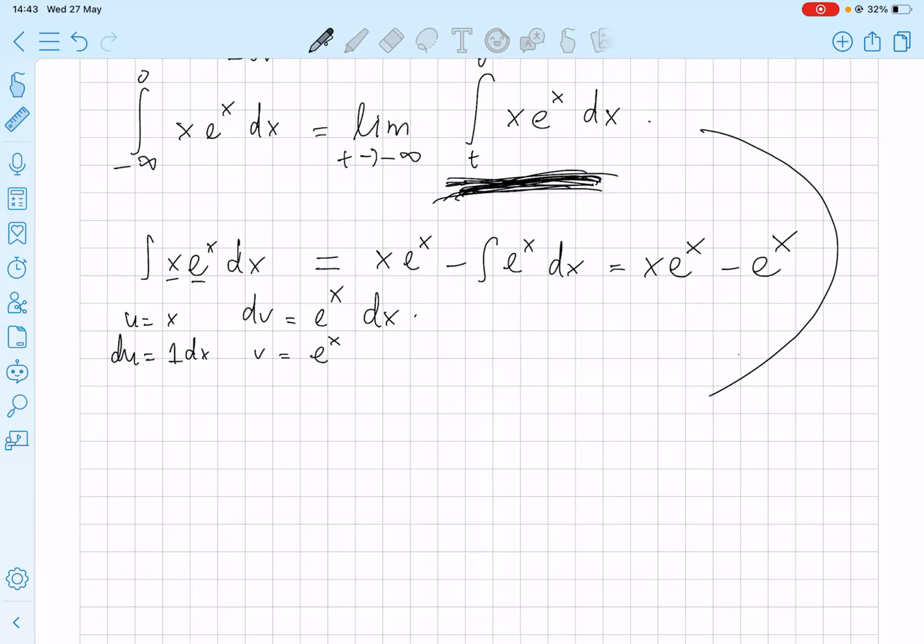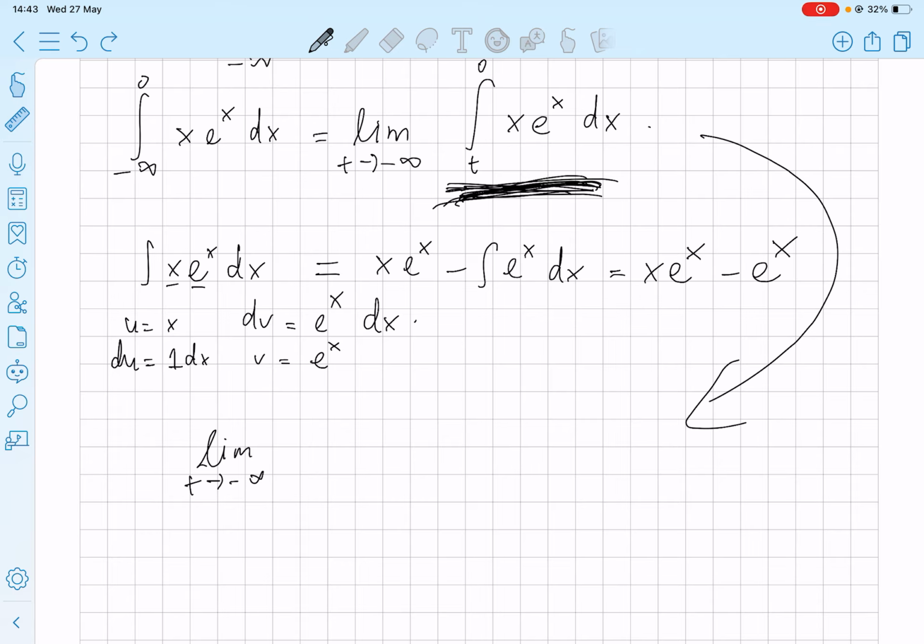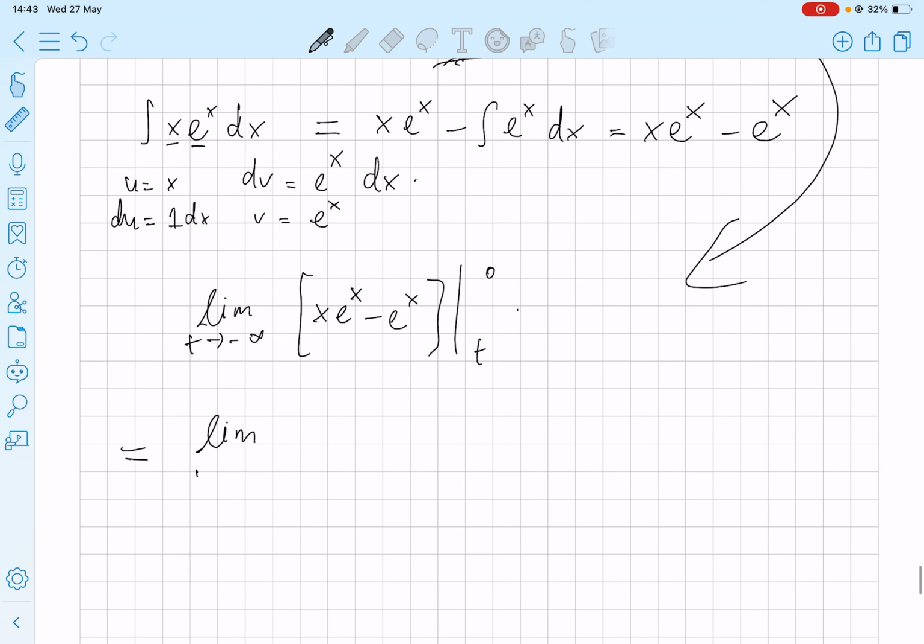So this equals x e to the power of x minus e to the power of x in brackets from t to 0, which equals the limit of the first term, 0 minus e to the power of 0, minus t e to the power of t plus e to the power of t.